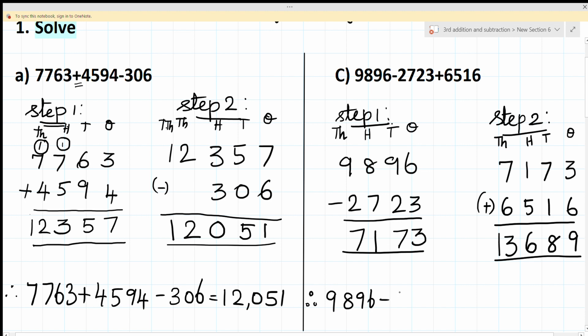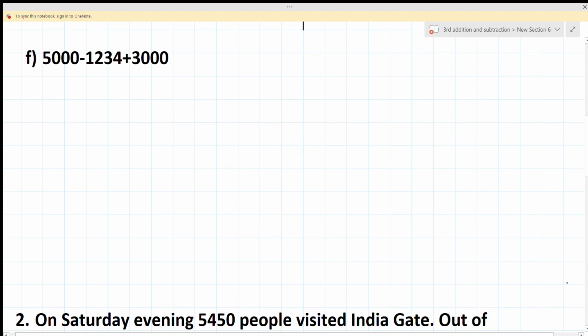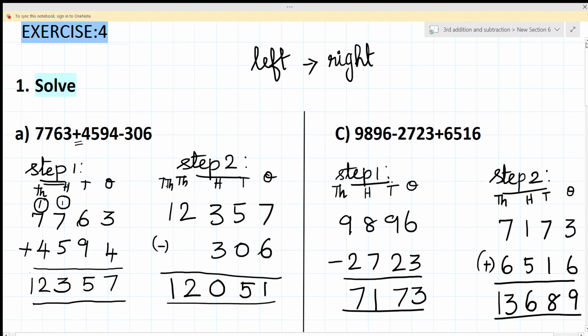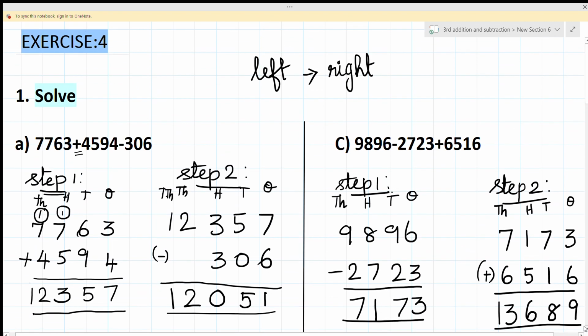Therefore, 9,896 minus 2,723 plus 6,516 equals 13,689. Now, we'll move to the next question, children.